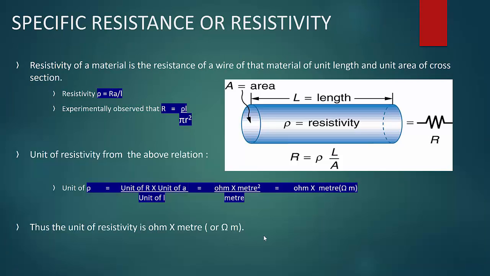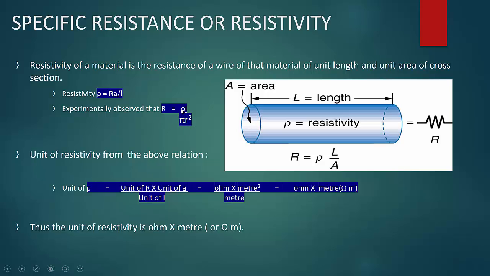Now specific resistance or resistivity. By studying some graphs, it was experimentally proved that R is equal to rho L by pi r square, or R is equal to rho L by A. Rho is the resistivity.